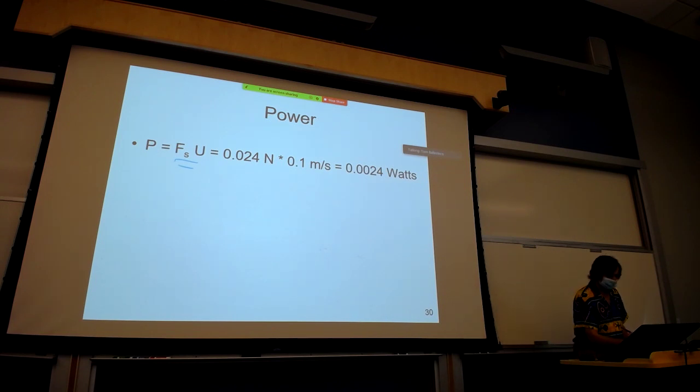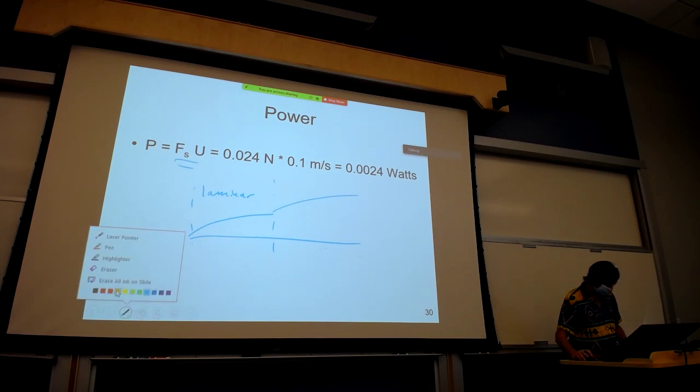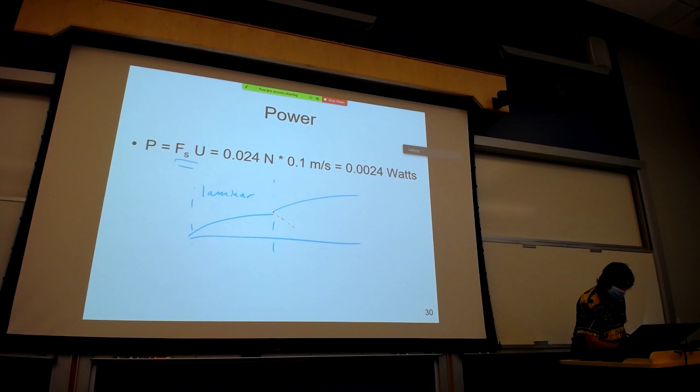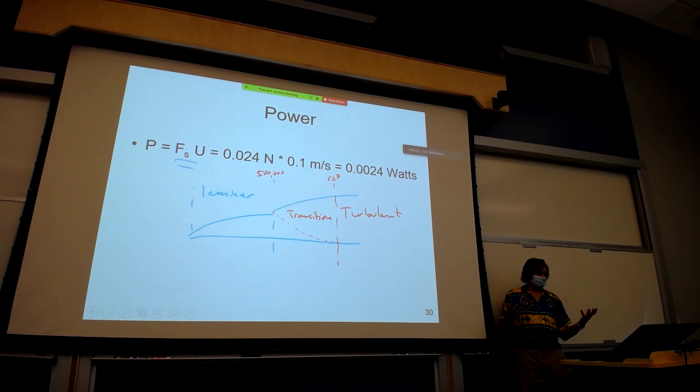And just remember that the laminar zone is where we have the Reynolds number less than 500,000.